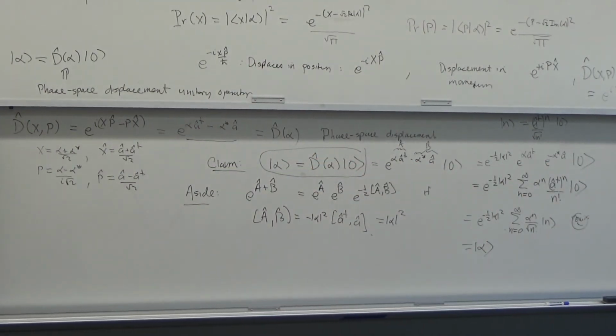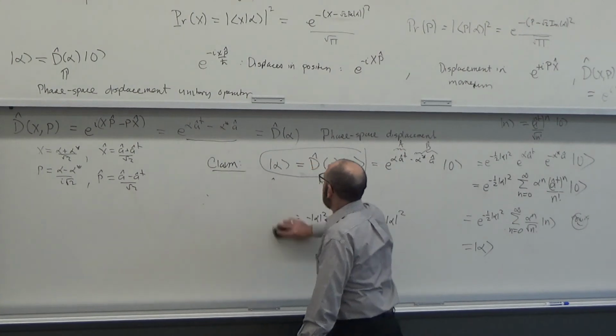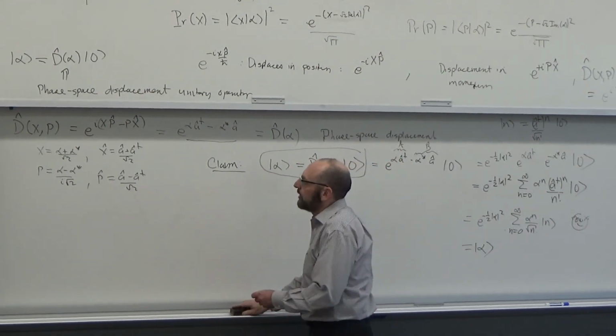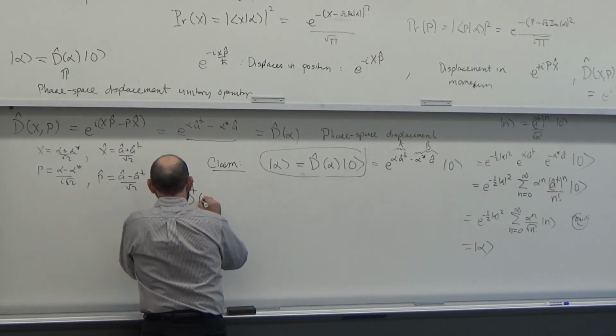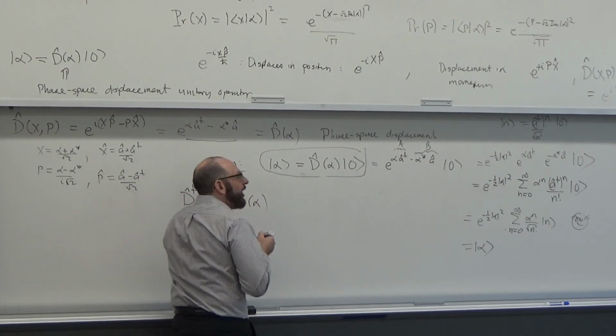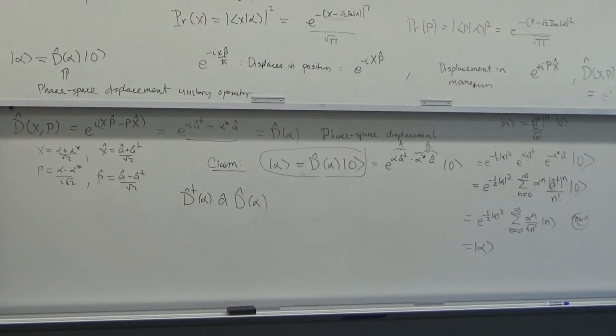Okay? There's another algebraic relation I can get at here. I ask you the following question. How would I look at the unitary transformation on the annihilation operator through the coherent state? How would I calculate that? Do you remember?